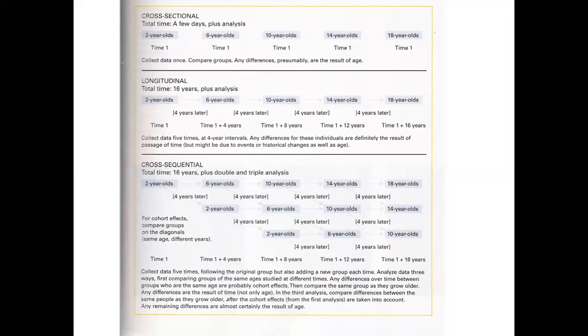In point C, you're going to have 2-year-old, 6-year-old, and 10-year-old, and so forth. So now we get to get those longitudinal differences. We get to get those cross-sectional differences, and we get to determine whether or not there's some form of a cohort effect.